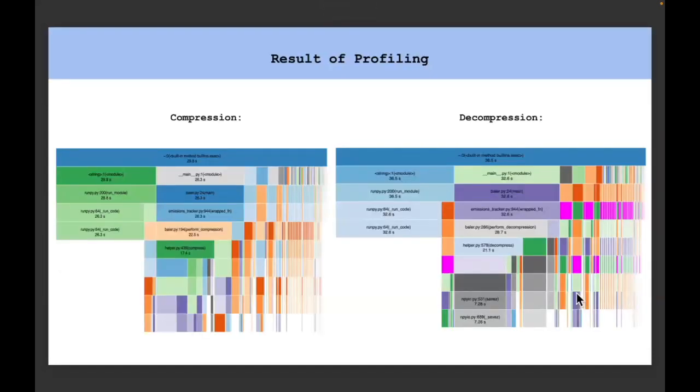So here are the same plots that we got with the C profiler, but it shows the compression and decompression of this data.